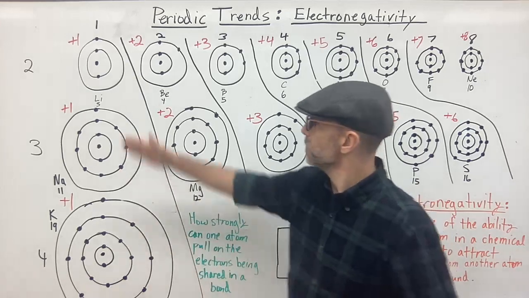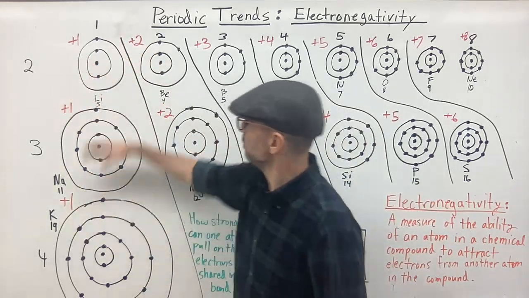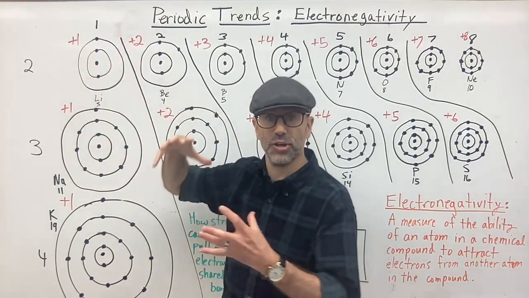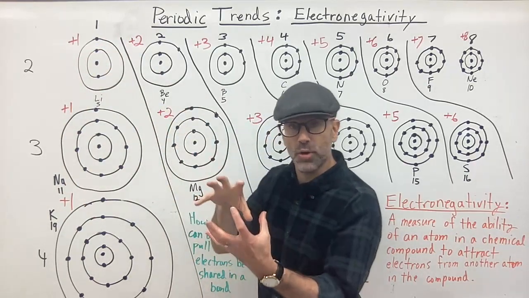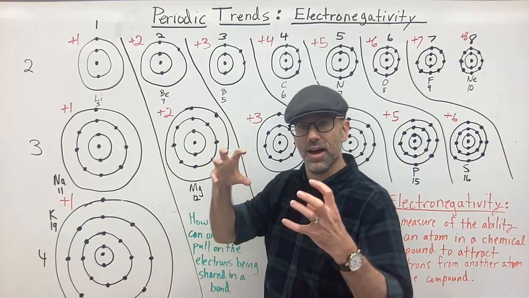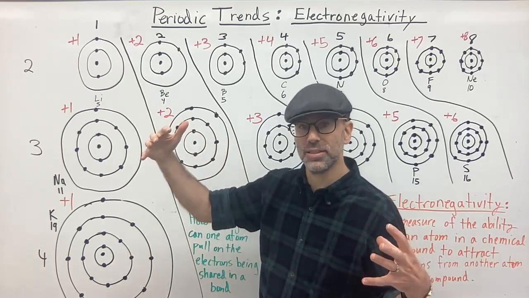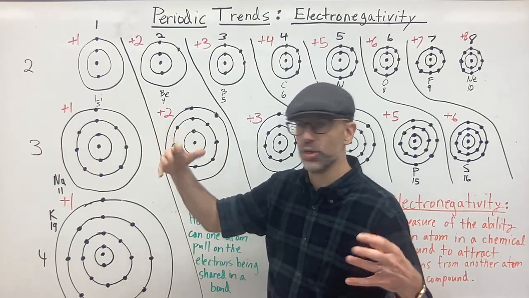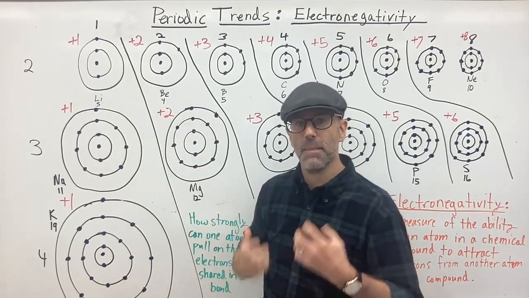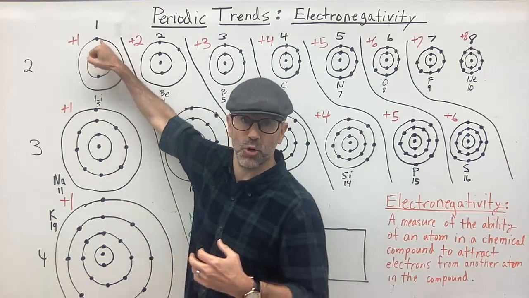So what about going down a group? As we said, as you go down a group, the effective nuclear charge stays the same, but the valence electrons are getting farther from the nucleus. That distance is increasing, and therefore the attractive force by the nucleus decreases as well. So there's going to be less of a pull on the electrons by the nucleus because the valence electron is farther away.